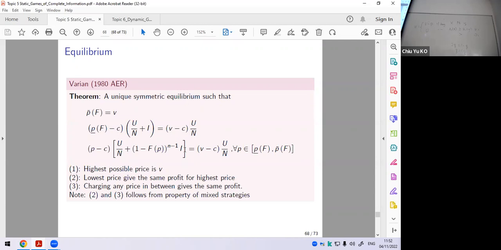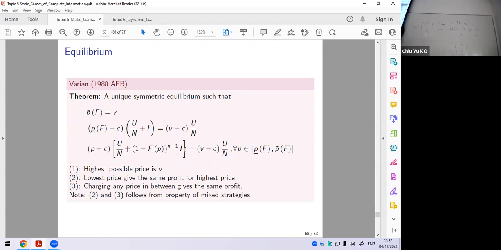And as I goes to 0, this goes to V. You can easily see that if no one is searching, you can just charge V to everyone. Is that clear?